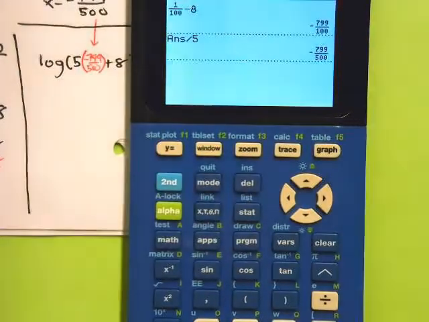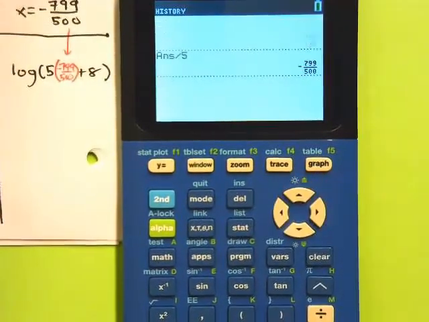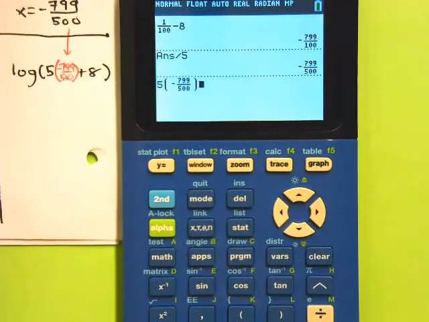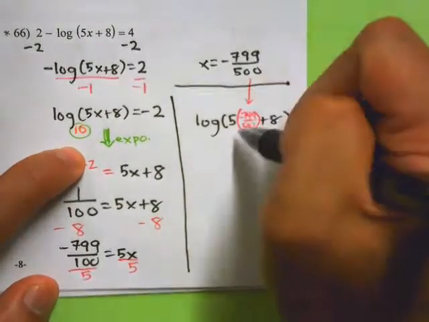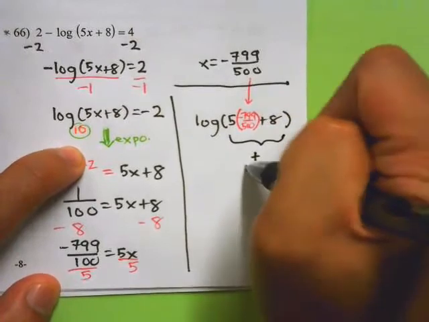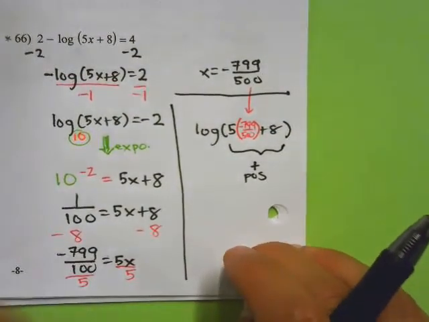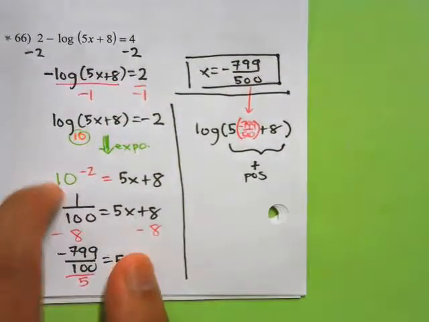So let's just check. 5 times, and then I'm just going to grab the answer. To grab that answer, you just hit the up button over here, plus 8, and then hopefully, okay, good, it's positive. That's fine. If it had been a 0 or a negative, we could not accept that answer. This is okay.